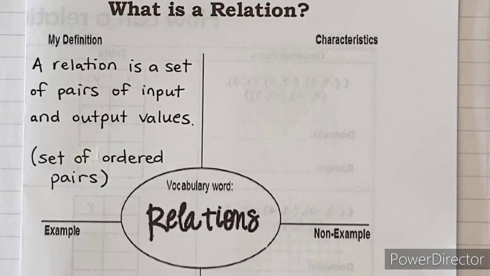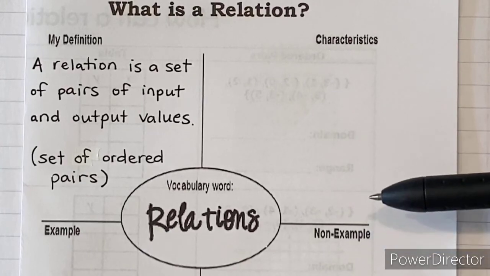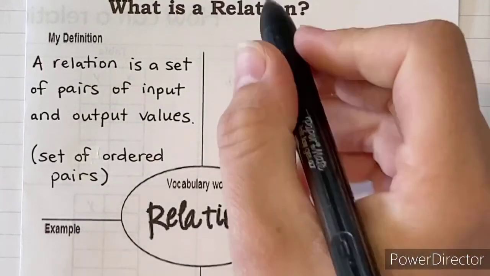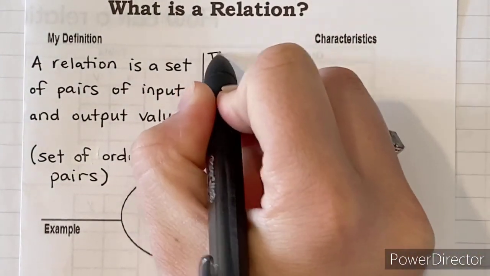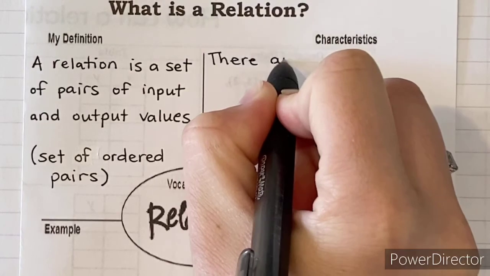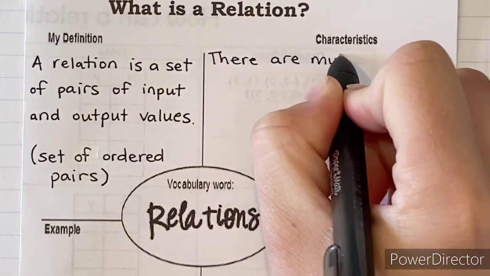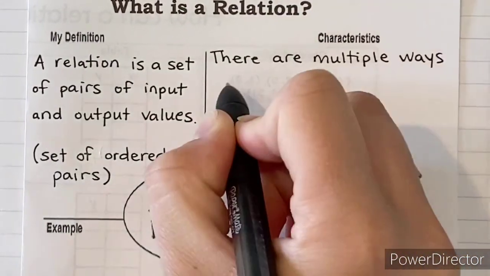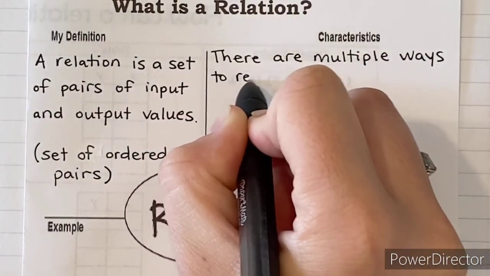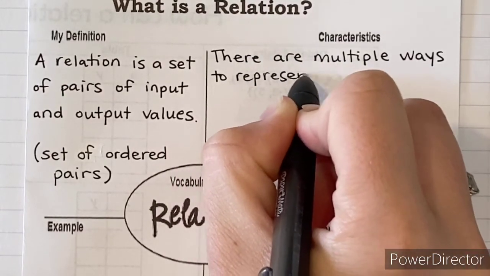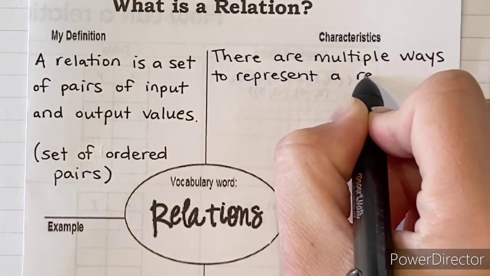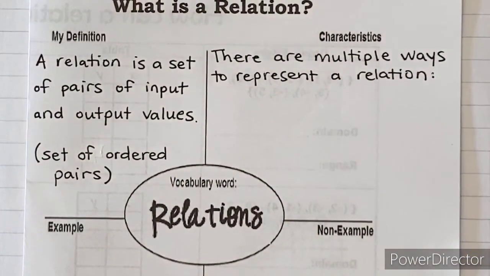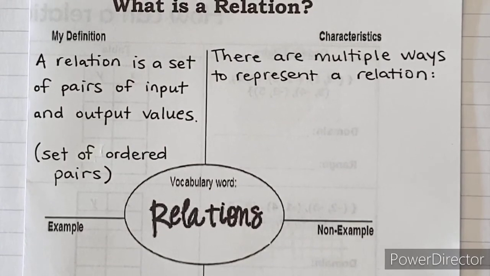The next thing I want to talk about is the characteristics of a relation. And specifically, I want to talk about the ways to represent them. So let's write that down. There are multiple ways to represent a relation.